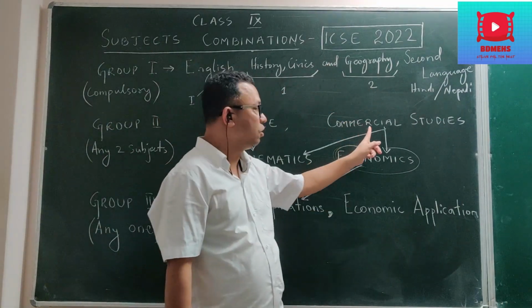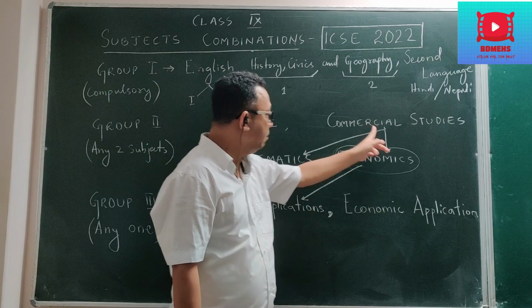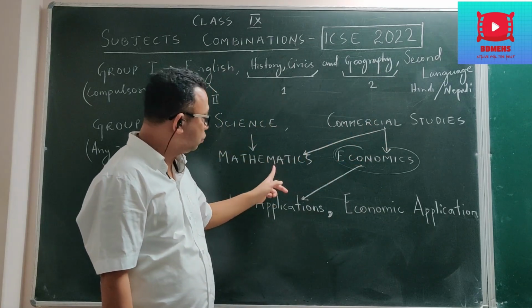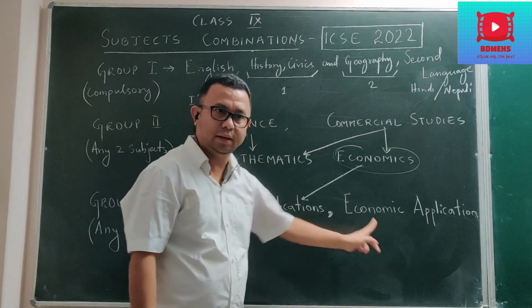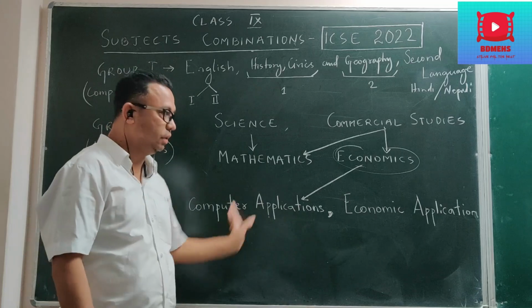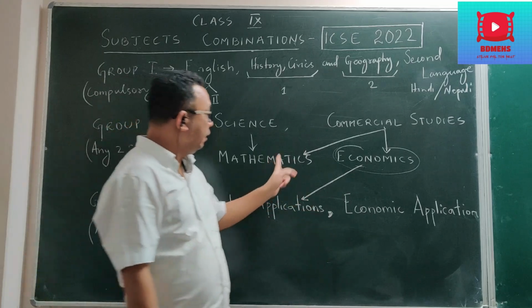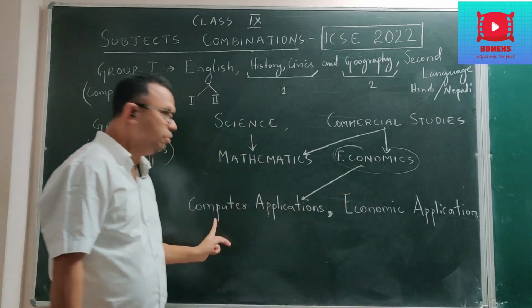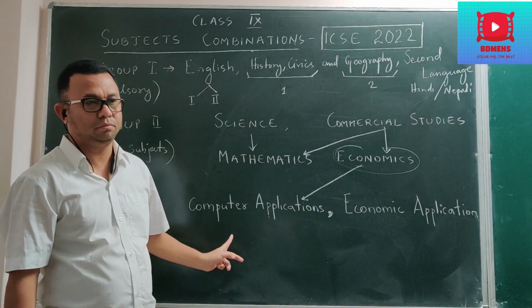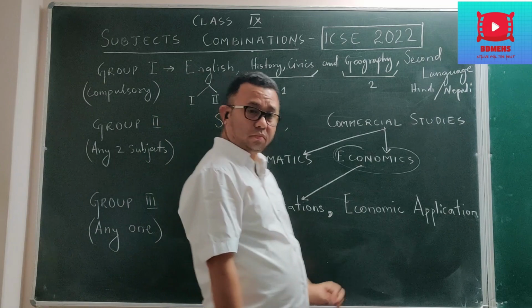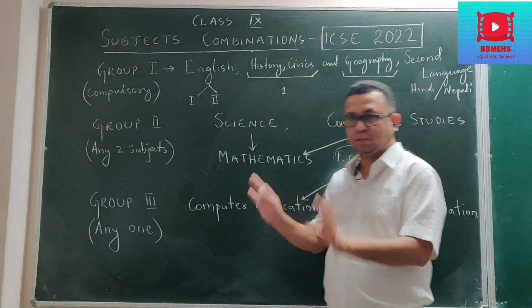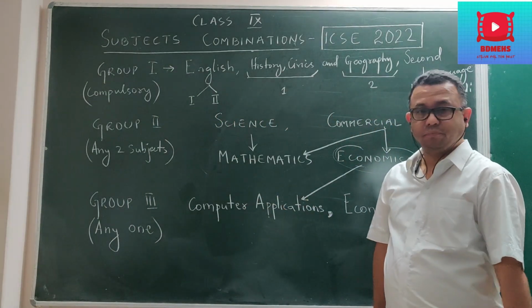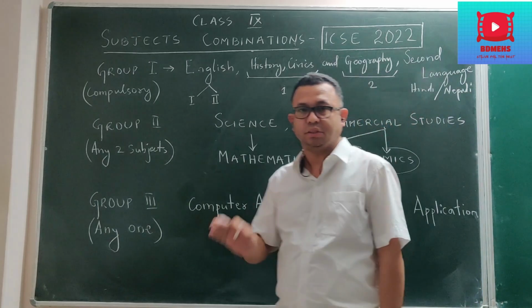Then he will take commercial studies. Then he may go for maths. And if he is going for math, he has the option to take either of the 2. But if he has taken economics, instead of math, then he has to take computer application in group 3. I hope it is clear now what subjects you are going to take and what are the different combinations that you are allowed.